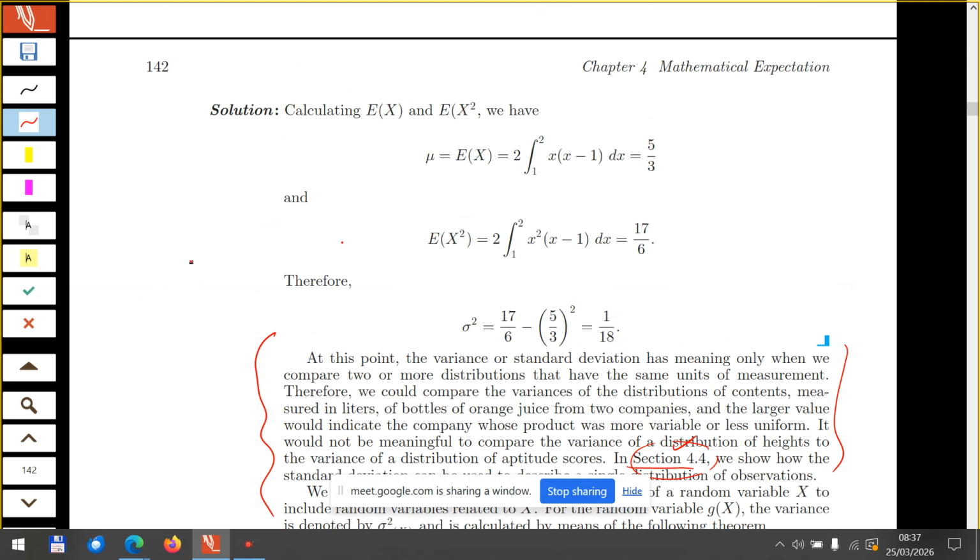The upshot is that when we start with the variance or with the standard deviation, we have to modify it in some way so that we can compare things from different units.